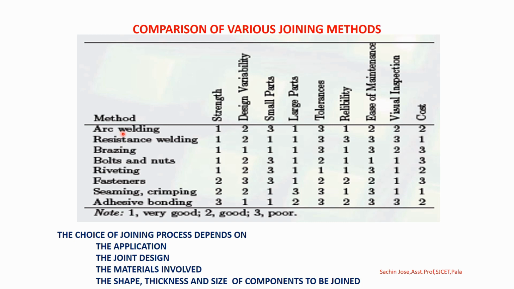If you take arc welding, the strength is very good, design variability is good, small parts is poor, because it is a bit tough to weld small parts using arc welding. Large parts, it is the best process.